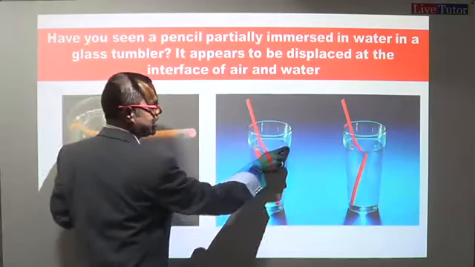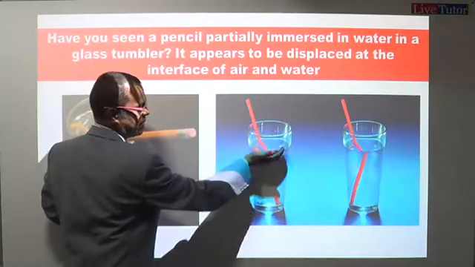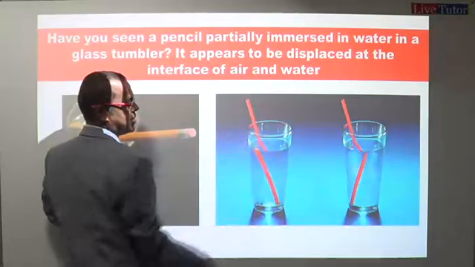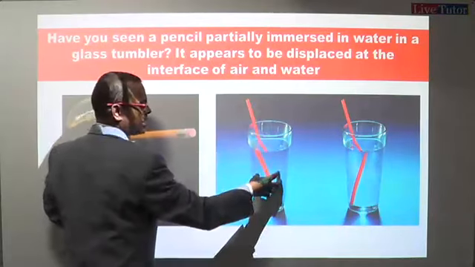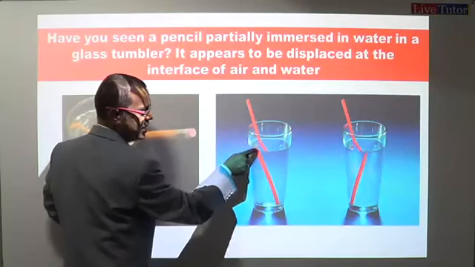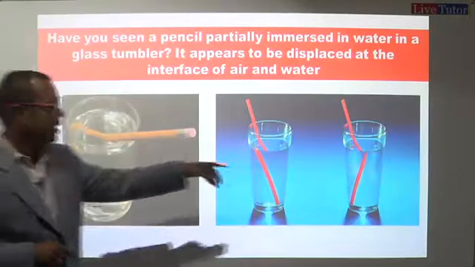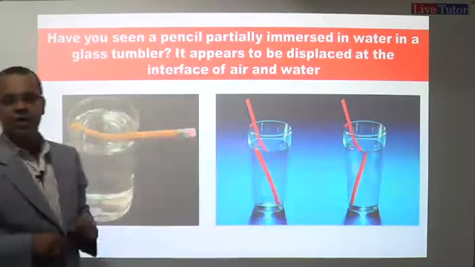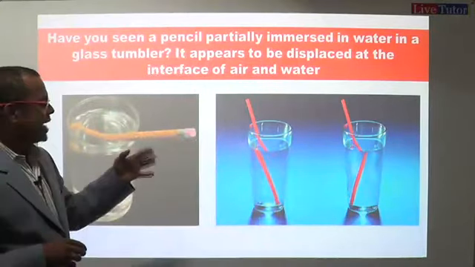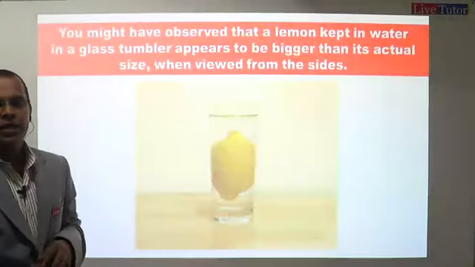This is what we call the interface of air and water, because up to this point water is kept, and above this is air. So air is one medium and water is another transparent medium. At this interface, you can see that the pencil is somewhat broken. On both the diagrams you can see, right? So it is not actually broken, it appears to be displaced, it appears to be broken, isn't it?